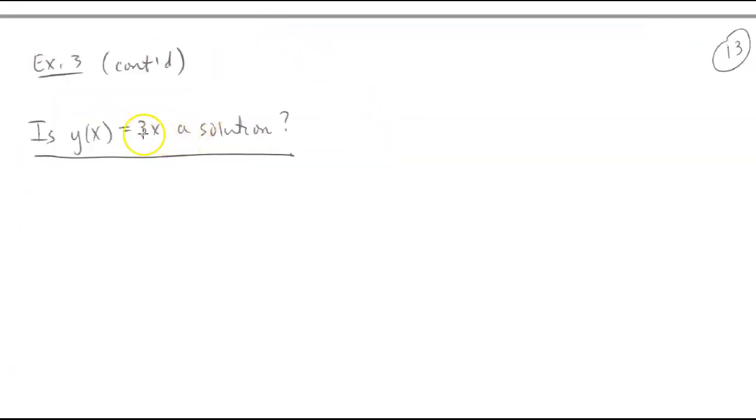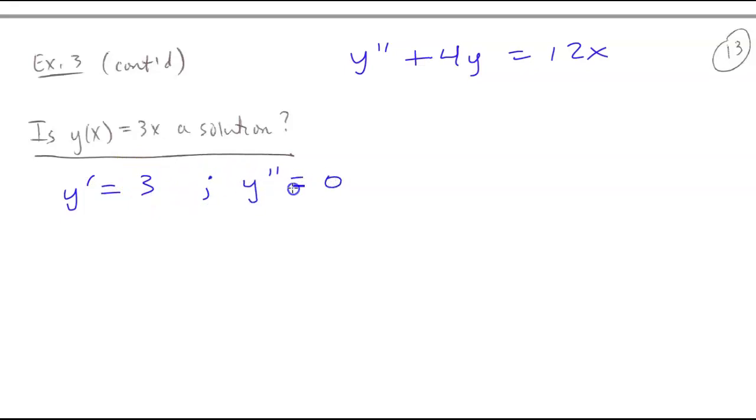Okay, so for our last function that we want to try in example number 3, again, we're using this differential equation, y double prime plus 4y is equal to 12x, and we want to see, does the function 3x satisfy it? And so here the first derivative of 3x would just be 3, and the second derivative would be 0. So of course, if we were to go in and substitute everything in, we'll see that this one will be relatively easy.